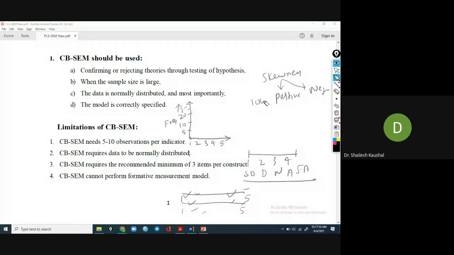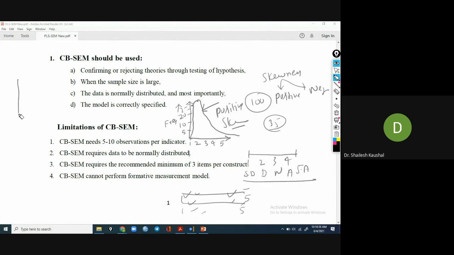In case of a sample size of 100, if 30 people are taking option 1 and 35 people are taking option 2, and the rest of the 35 people are taking 3, 4, 5, it means maximum people are taking option 1 or 2. So it's a problem of skewness. My data is skewed because the concentration of data is in the lower tail, or left-hand side. So it's a case of positive skewness.